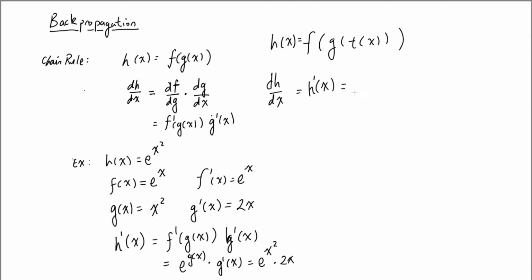We're going to apply the same idea. This is why it's called the chain rule, because we can chain a bunch of functions. The chain rule gives us a similar result. This would be f prime evaluated at the entirety of the argument, times g prime evaluated at its inner argument, times t prime of x.